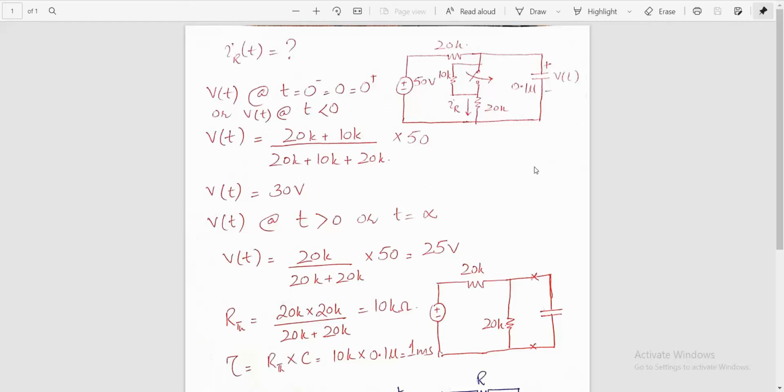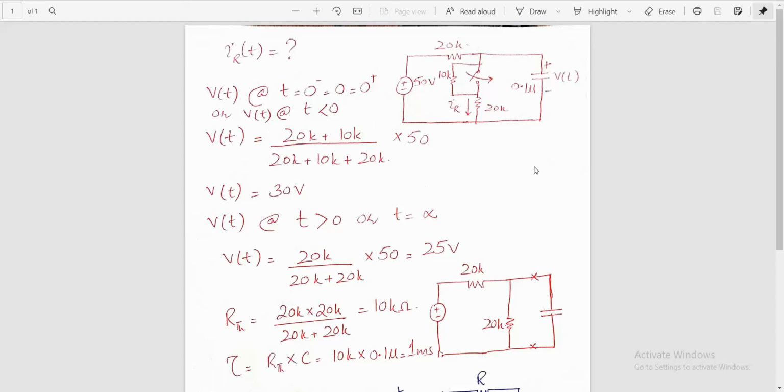When the switch operates at time t equal to 0, for time t greater than 0, the 10 kilo ohms resistance gets short circuited and does not remain a part of the circuit, right? You need to find the response for the current through the 20 kilo ohms resistance.